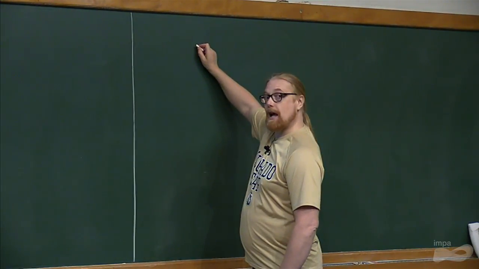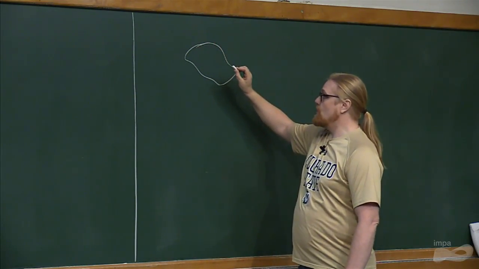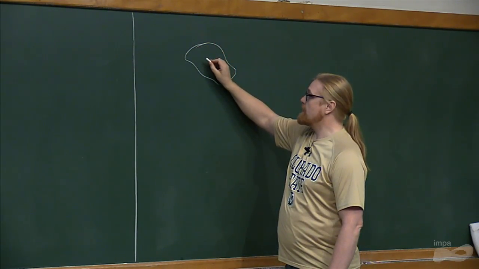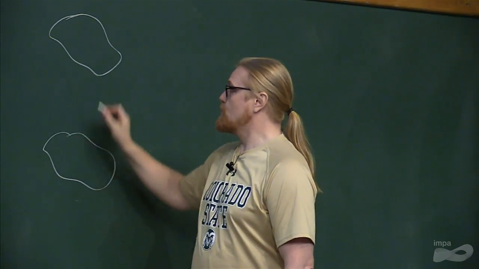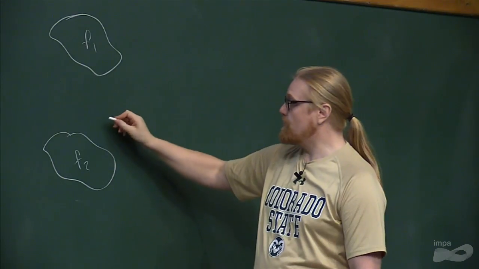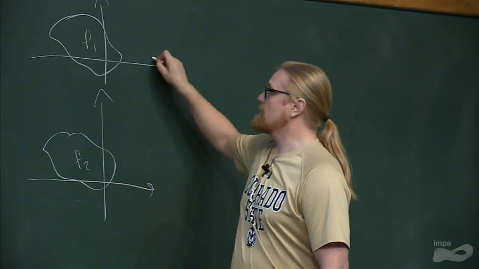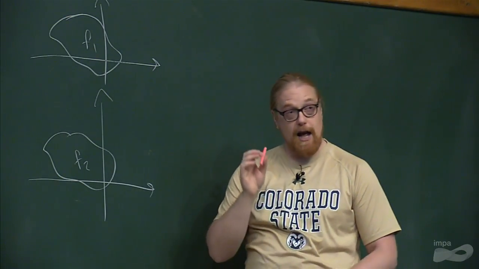Let's say you have two objects, F1 and F2, and for both of them you have limited angle data.